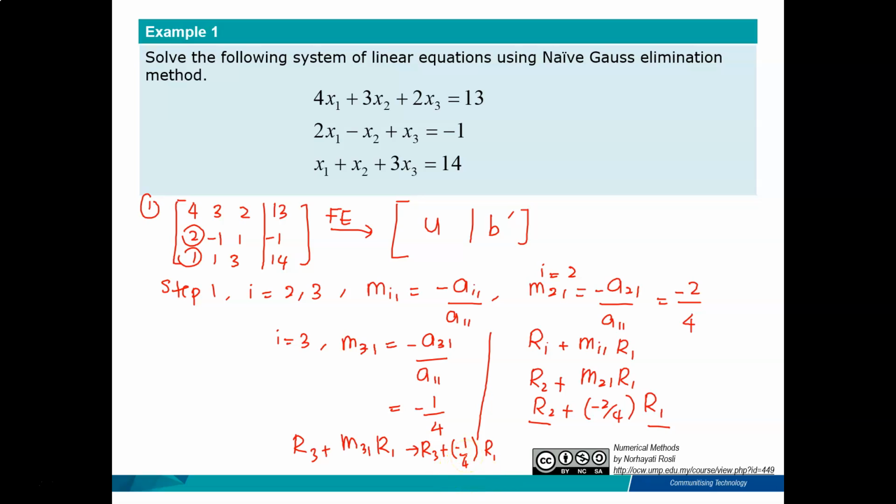And how can we solve this one? We write again our augmented matrix, that is 4, 3, 2, 2, negative 1, 1, 1, 1, 3, and then we have here vector B, 13, negative 1, 14. When we perform the row operation, based on what we did previously, we have R2 plus negative 2 over 4 R1.